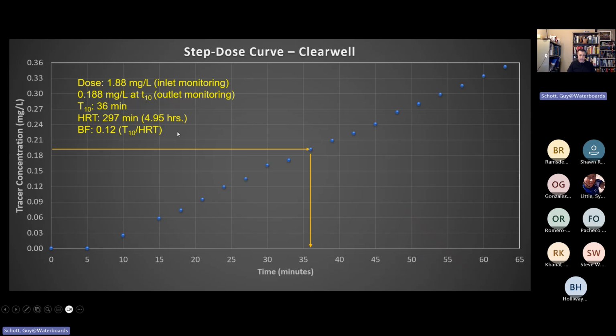We're talking 15 to 20 hours just to do a step dose if you went out to steady state, or if you did a slug dose. So this is the advantage: we can be done pretty quickly and have very accurate results as well.